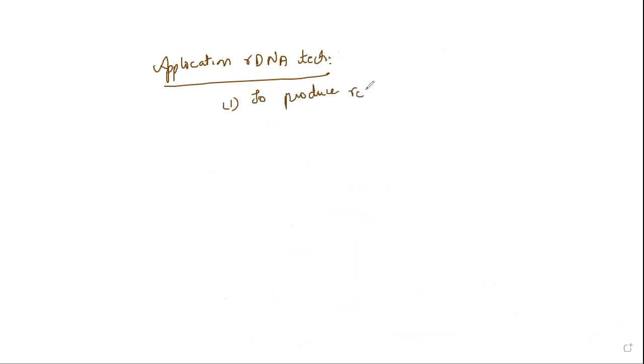Now, students, let us see a few applications of rDNA technology. What are the applications? To produce recombinant vaccines. Producing human insulin.